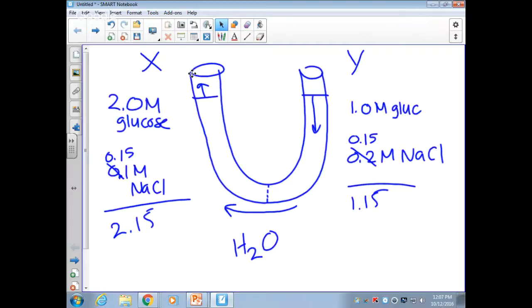So it's moving from side Y to side X. So it is side X that's higher. Side Y. They're higher, right? Side X has higher, lower. Right. Wait. It goes from low osmotic to high, because the high goes to the low side.